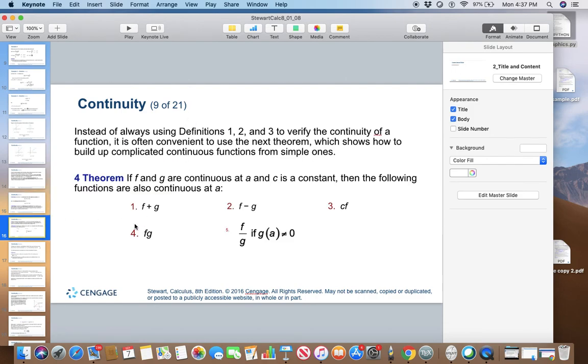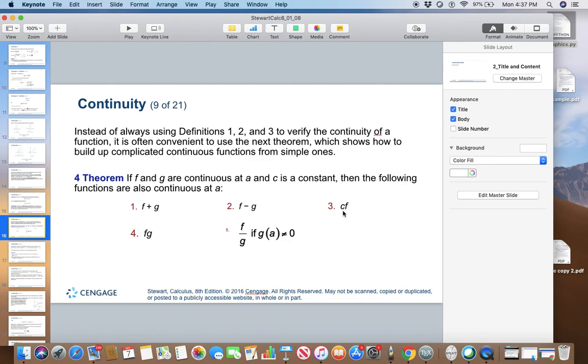Okay. Here are some important results, theorems. If f and g are continuous at a number a and c is a constant, then the sum of continuous functions is continuous. The difference of continuous functions is continuous.